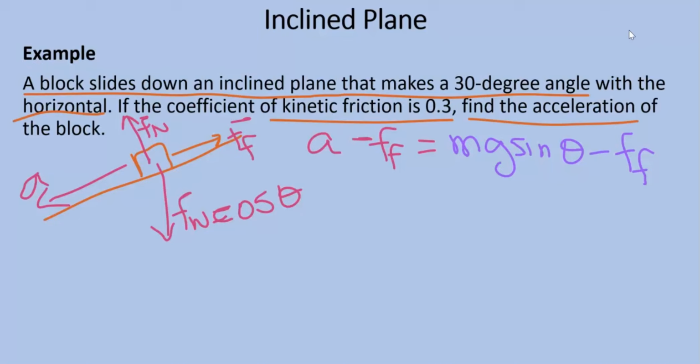Now we know that F of x is equal to mu, and we know what? The coefficient of the frictional force. We have it here now in the free body diagram that we are looking at.